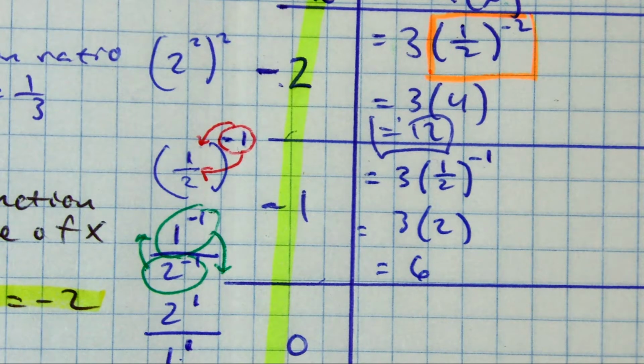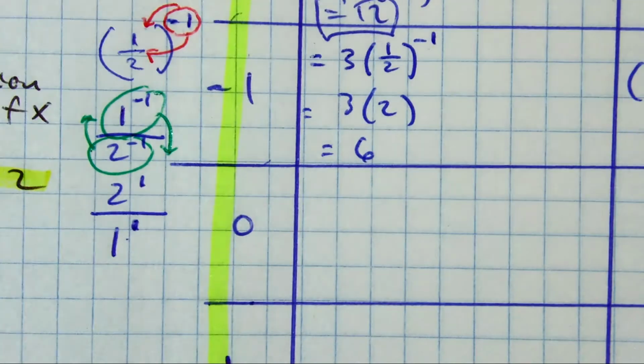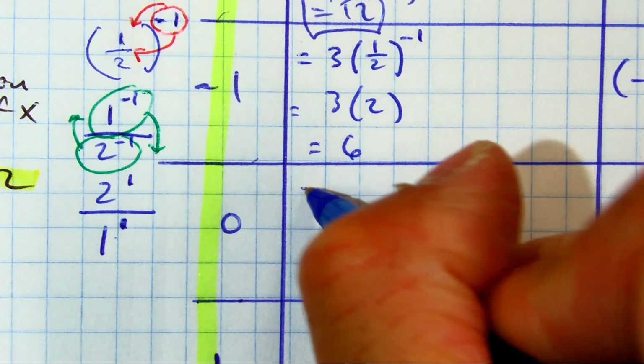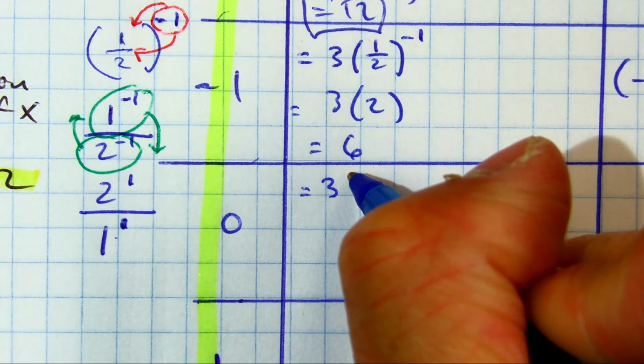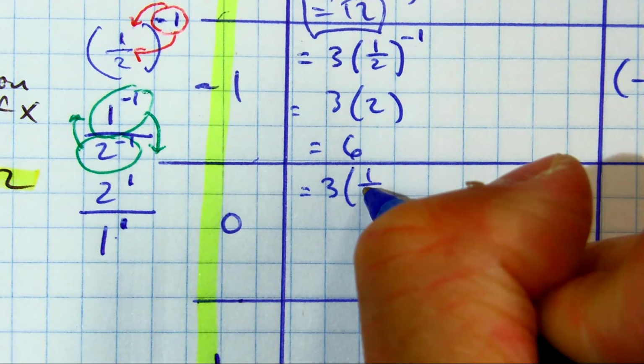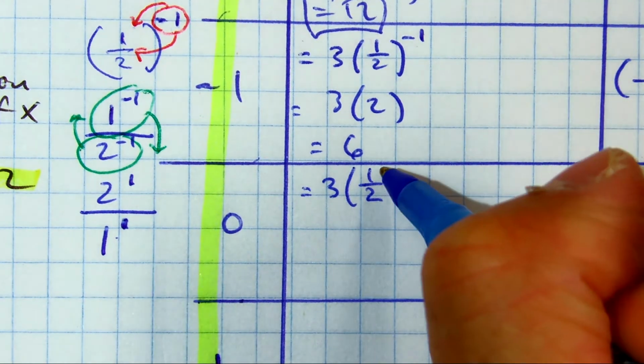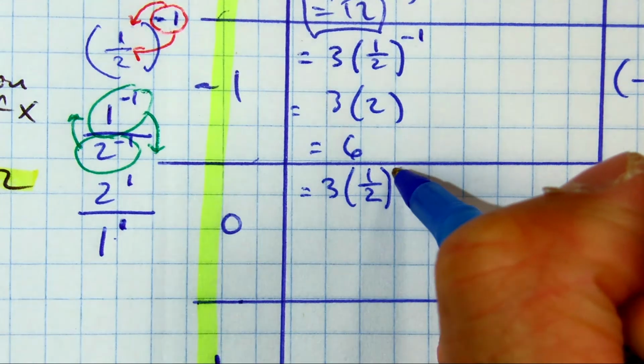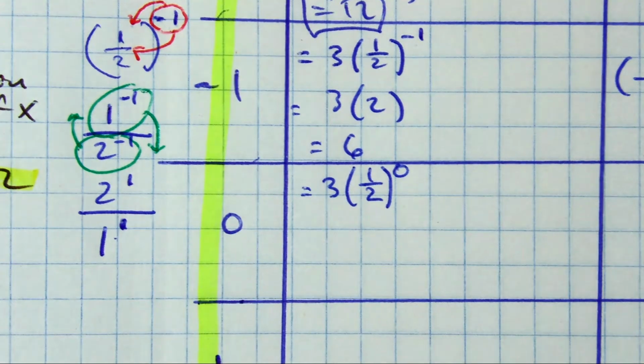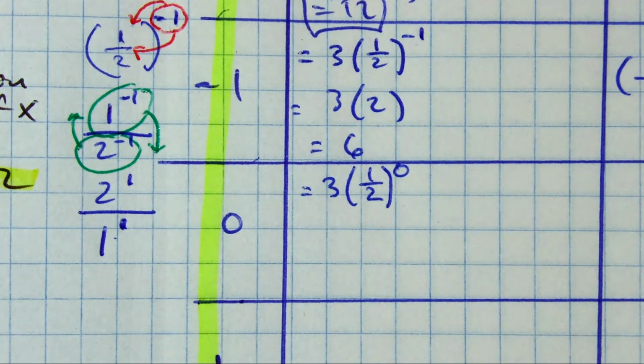All right, Lupe, help us with the next one. Were you here yesterday? You want to try it? All right, tell me what's all right. 3 parentheses 1/2 parentheses 0. All right, let me ask the class a question. Don't say anything. You're going to either show me 1 or 0.